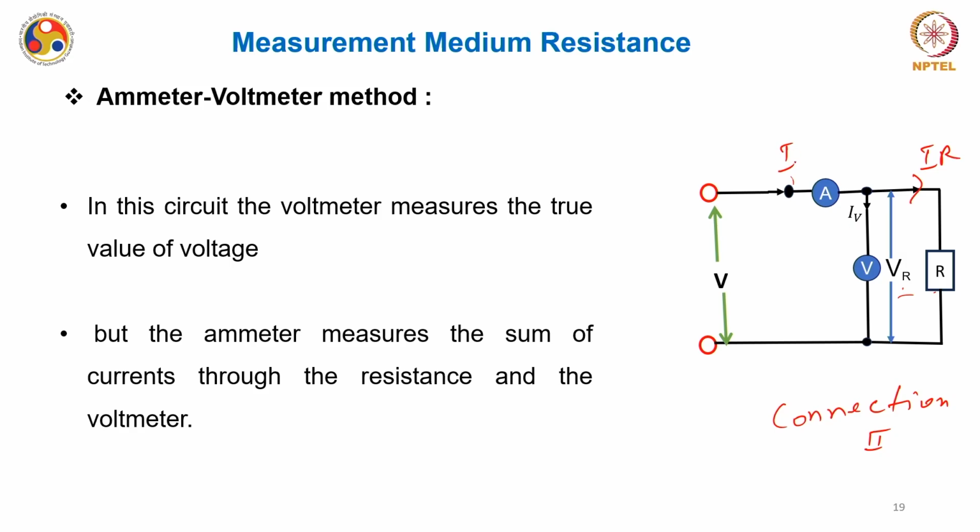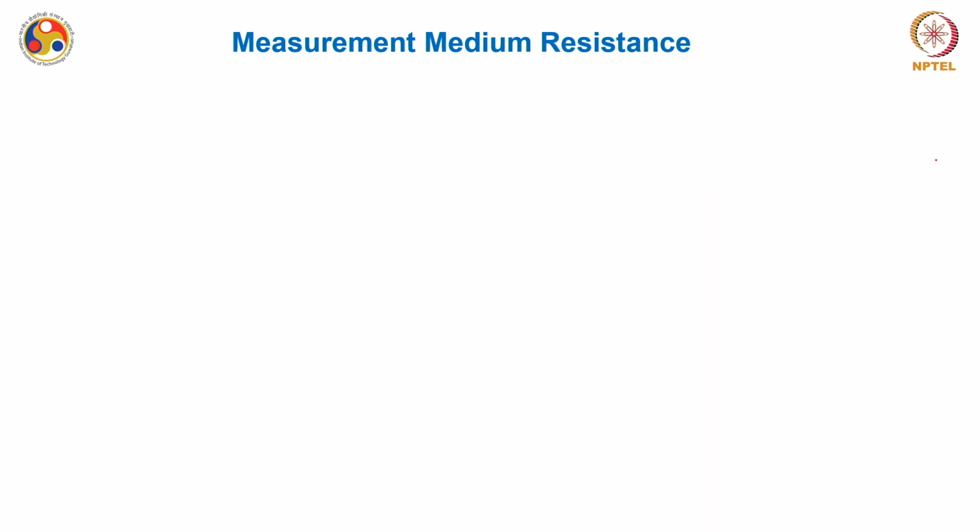So this I ammeter is getting divided into IV and IR. So I ammeter is actually measuring IV plus IR, and it is not equal to IR, okay. They are different because I ammeter has two components, IV and IR. Fine. Now the voltmeter is measuring the correct value, but not the ammeter.